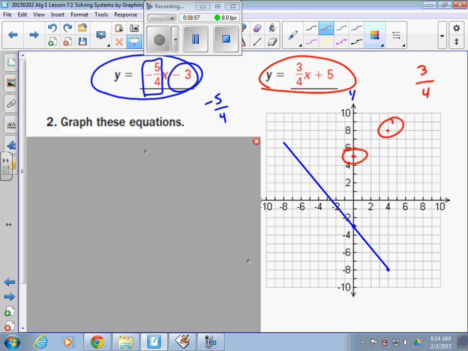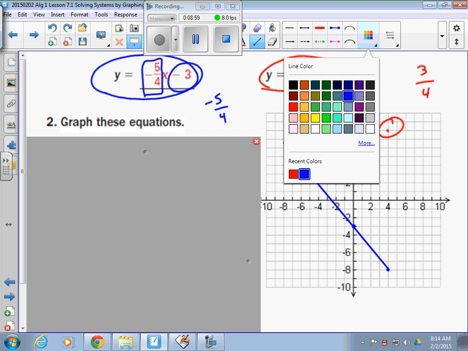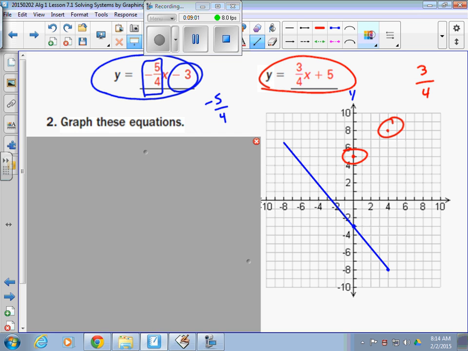And then again, draw a straight line, as straight as you can make it, to where you can see the intersection. And I keep stressing this as-straight-as-you-can-make-it part, because that's why this is the least effective method when it comes to solving systems. Because on our step 3 we have to estimate what that intersection is.